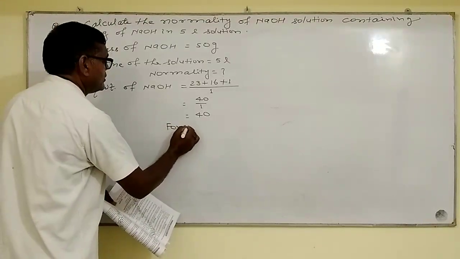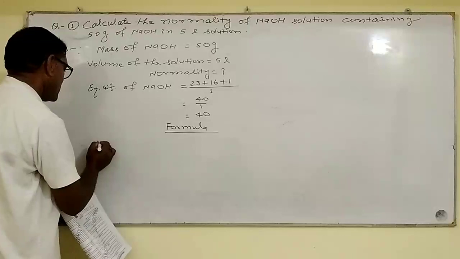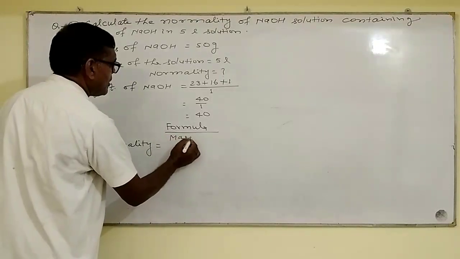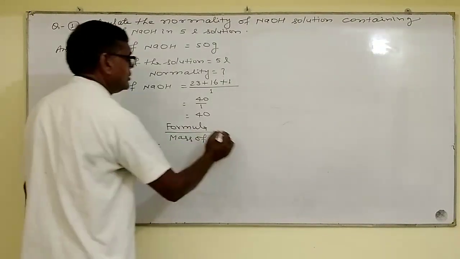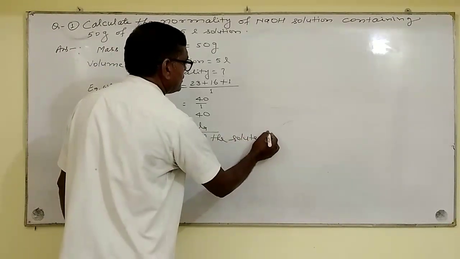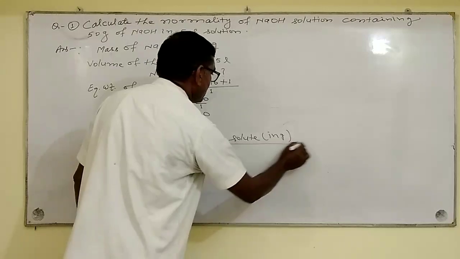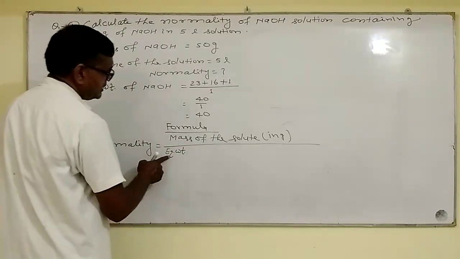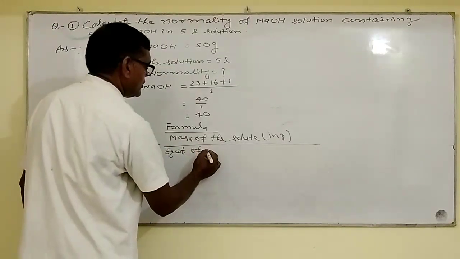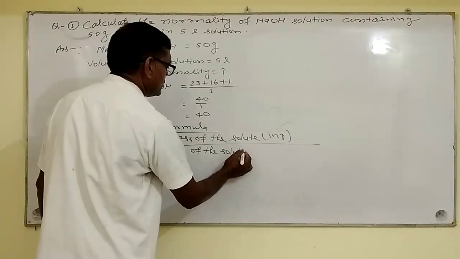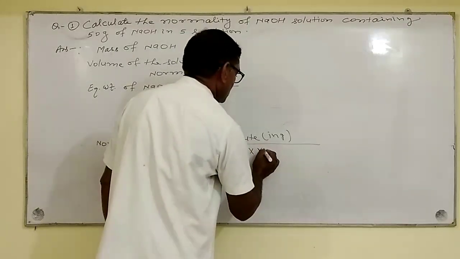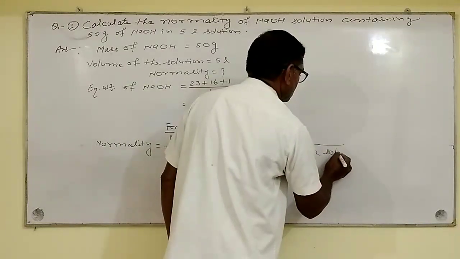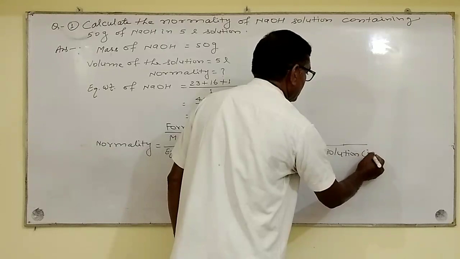Here we write formula: normality is equal to mass of the solute in gram upon equivalent weight of the solute into volume of the solution in liter.